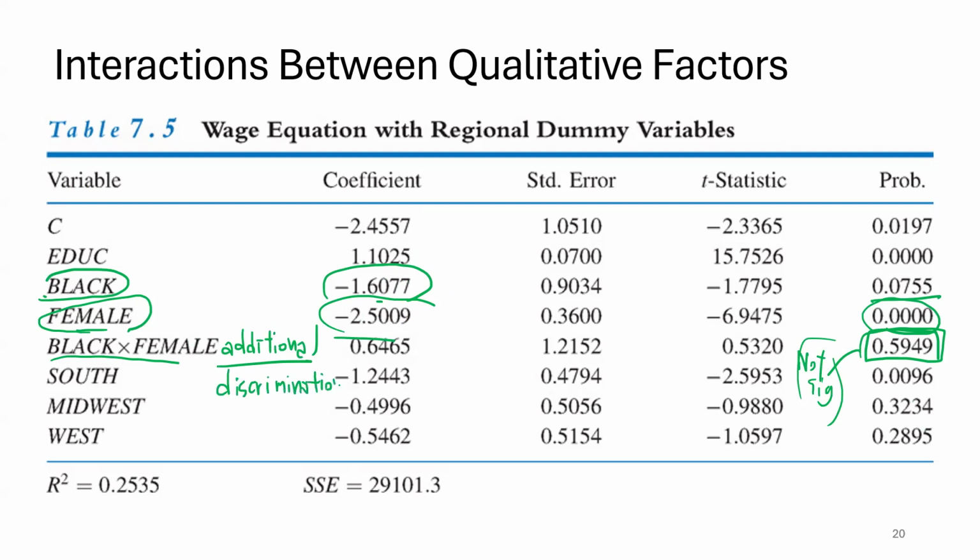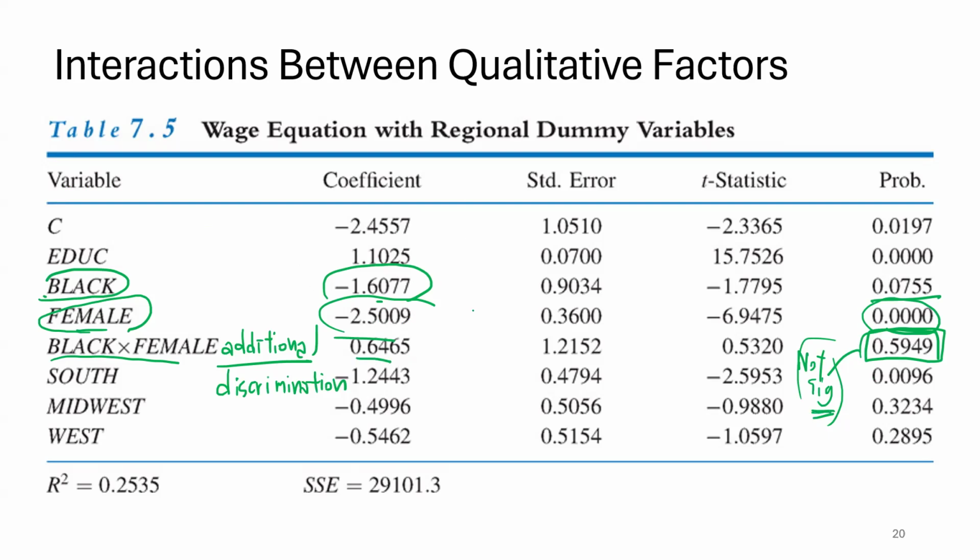This means if you are both black and female, do they lower the salary even more or not? The result is not significant, so it's lucky here. If it were significant, it would mean even lower. It's positive but not significant, so that's okay.